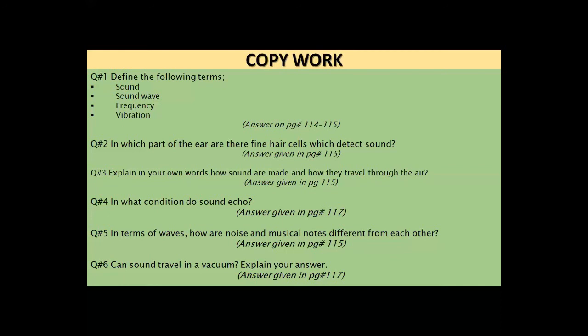First, we have building units of the body. The second, the brain. The third is digestion. The fourth is matter. The fifth is flowering and non-flowering plants. And the last is what we studied today, the chapter on sound.